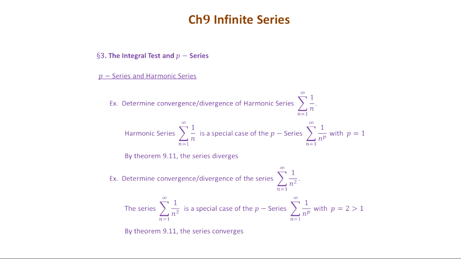Remember, the p series is 1 over n to the p. So we got 1 over n squared, so that means p equals 2, which is greater than 1. From the previous page, we know when p is greater than 1, the p series converges. So this series, 1 over n squared, converges.